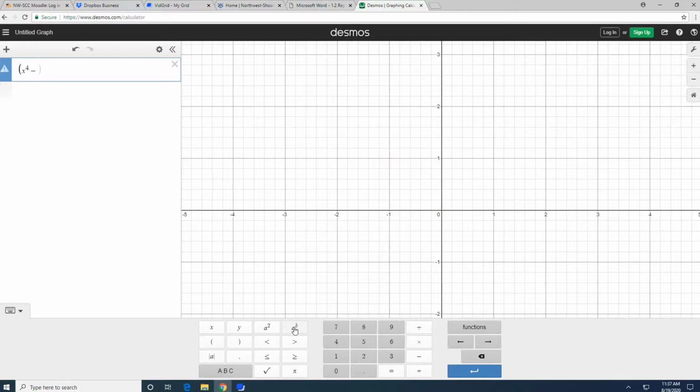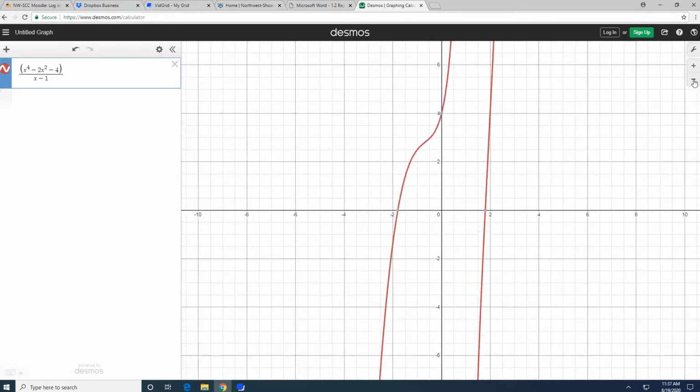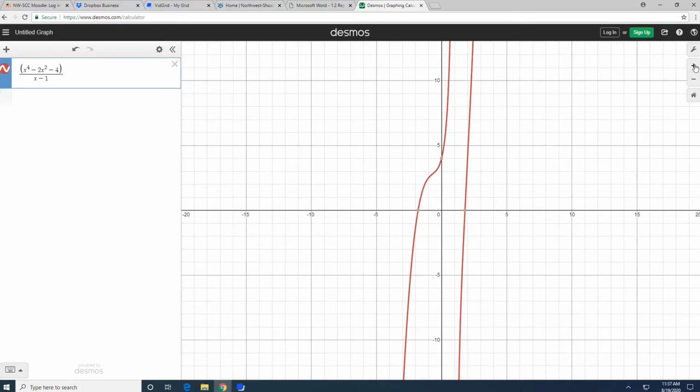That minus 2x squared minus 4 divided by, what is that I put on the bottom? x minus 1. All right, that's what I got. I could pick something better.